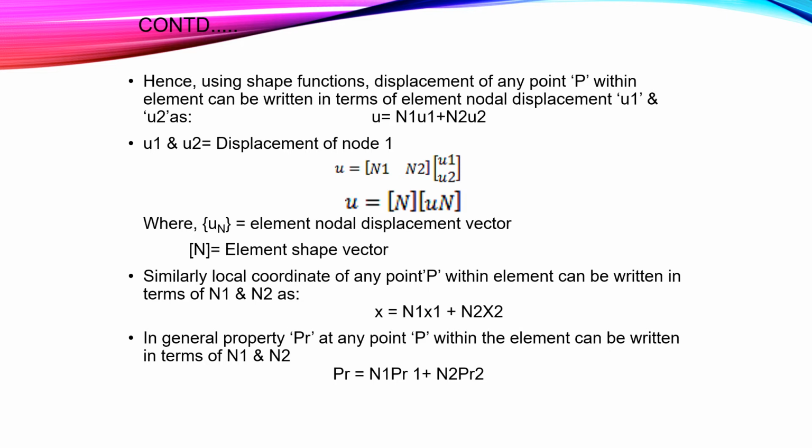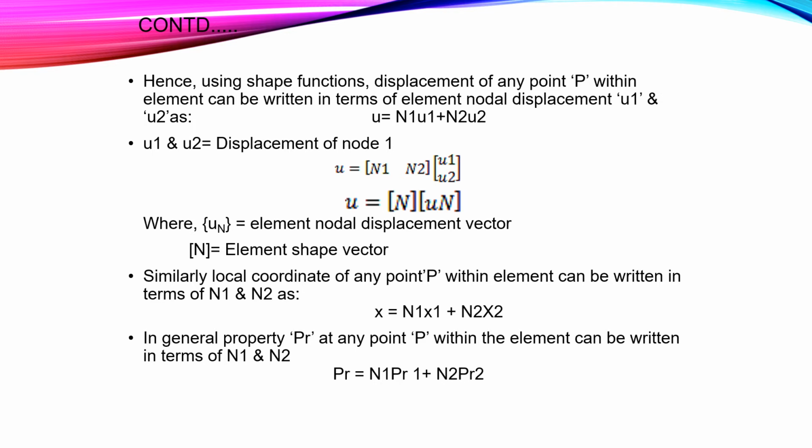Similarly, the local coordinate of any point P within the element can be written in terms of N1 and N2, because N1 and N2 are the shape functions, the interpolation functions. So the coordinate at any point P is equal to N1 into x1 plus N2 into x2, while N1 and N2 are the shape functions and x1 and x2 are the coordinates of node 1 and node 2 respectively.